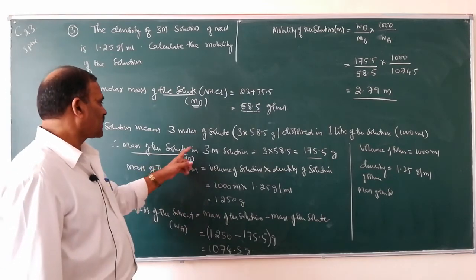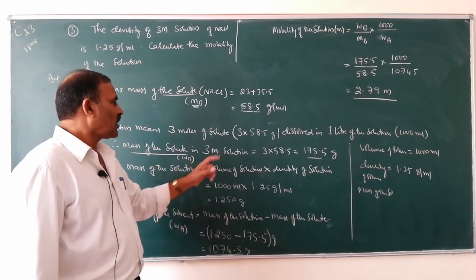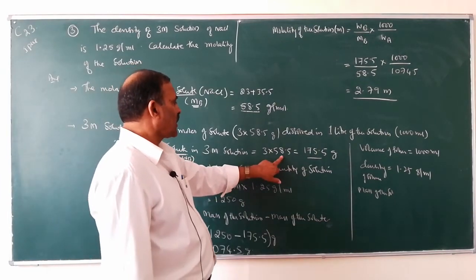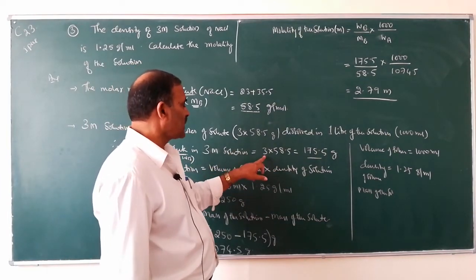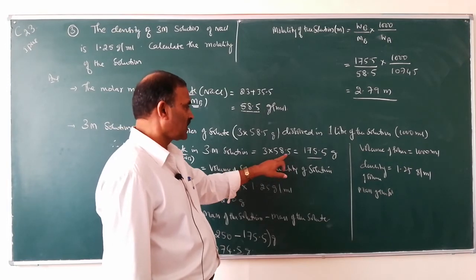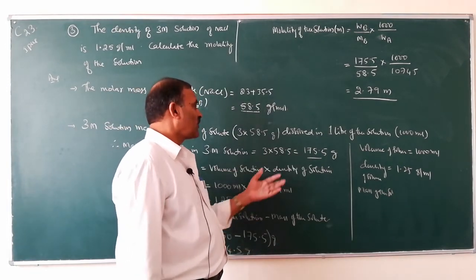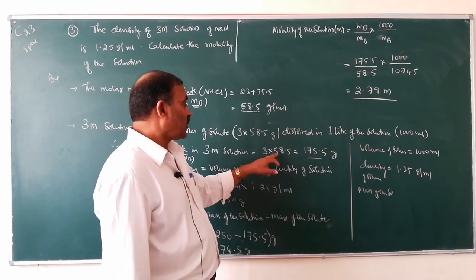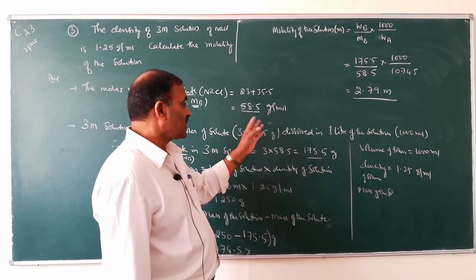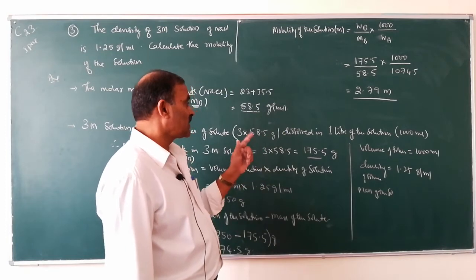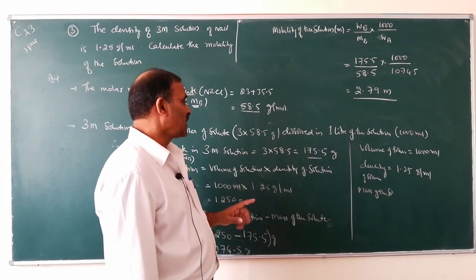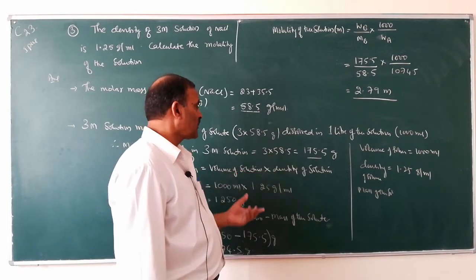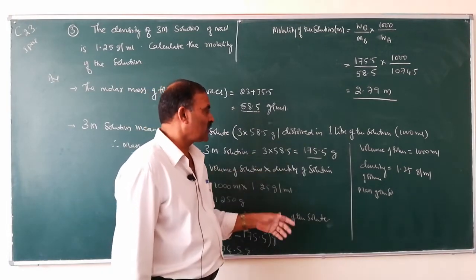That is 3 into 58.5, which is 175.5 gram of sodium chloride in 1 liter of the solution.